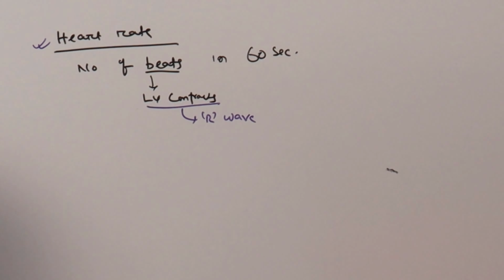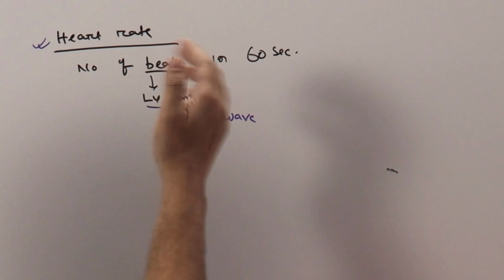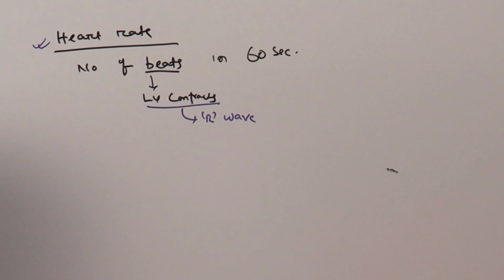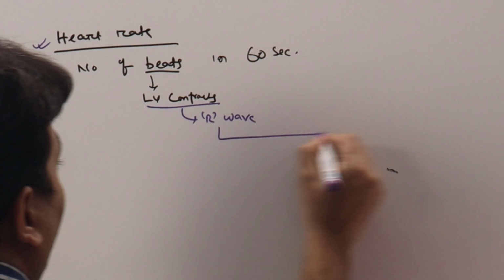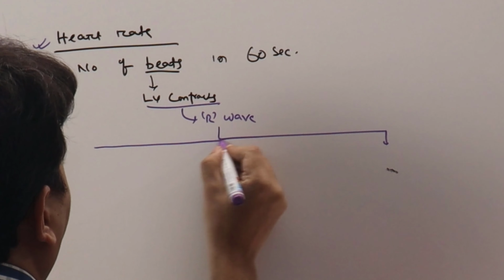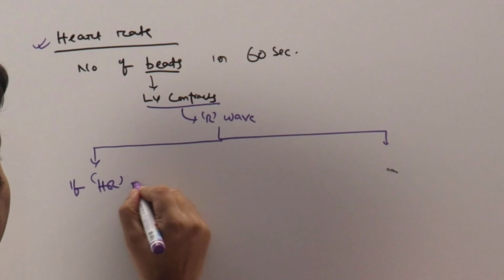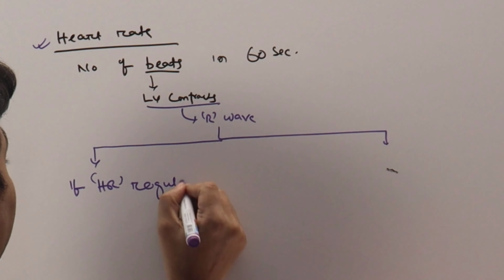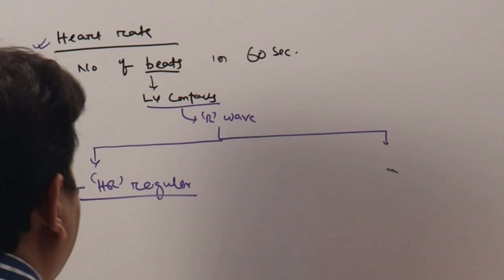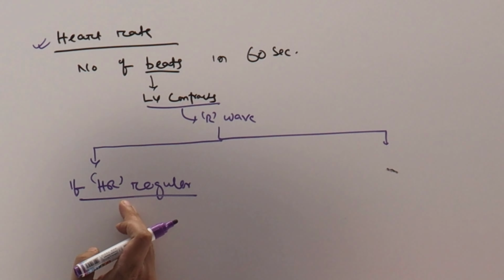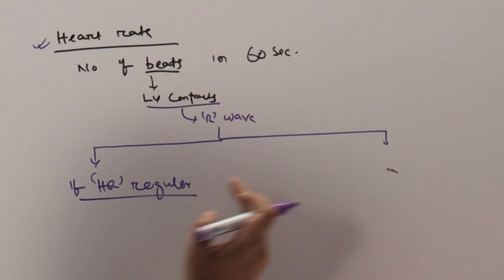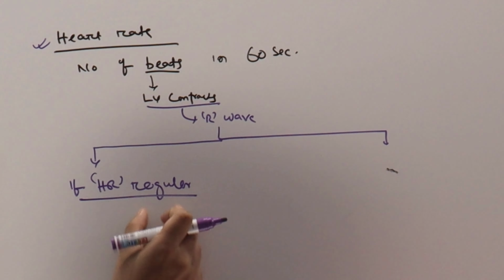Now how do we calculate how many R waves are there in 60 seconds? Our ECG strips are not 60 seconds long, otherwise it would become very exhaustive. So if the heart rate is regular, that means each R wave is separated from the next R wave by a fixed interval.